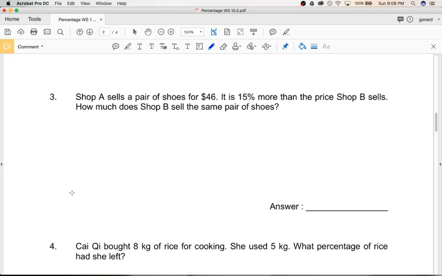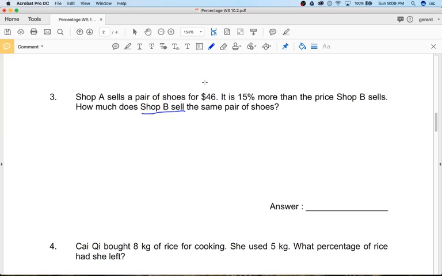Okay, so one way that we can do this is, we have to know, most importantly, which shop to take as 100%. Now you look over here, it says how much does Shop B sell the same pair of shoes.